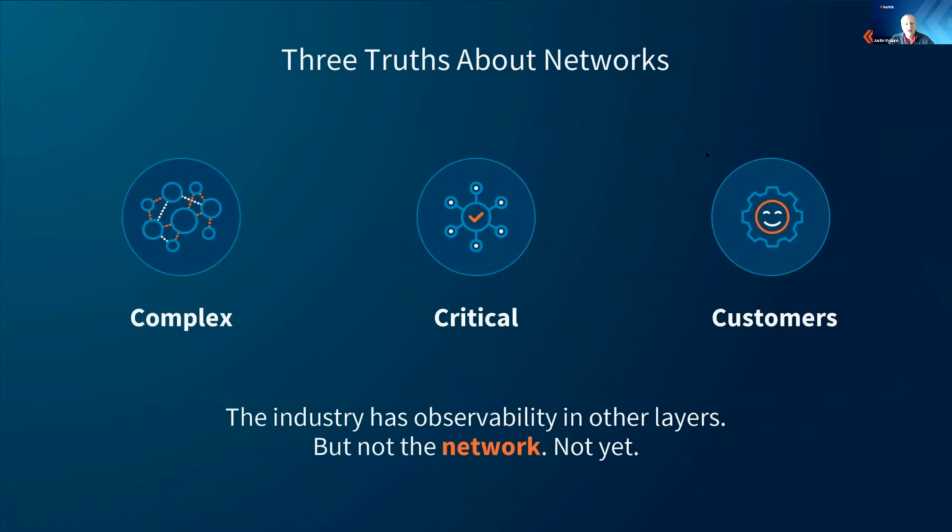So there are three things we hear from customers as we talk to them about their networks and how things are going. And I'm assuming these probably resonate with the audience here too, which is networks are becoming ever more complex.